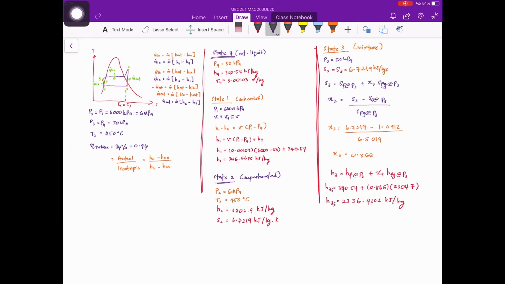Since we know that the isentropic efficiency for the turbine is 0.94, we can determine the actual enthalpy at state 3.